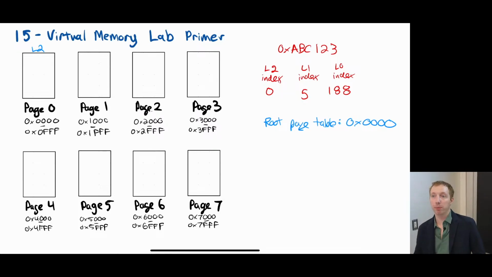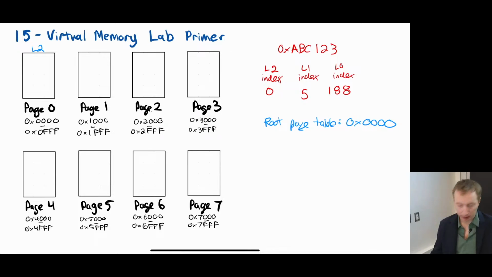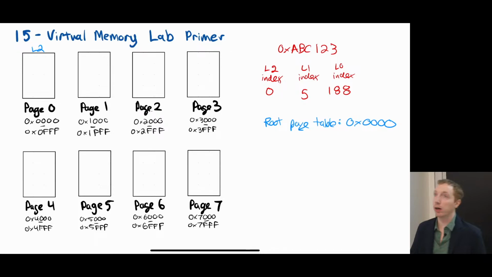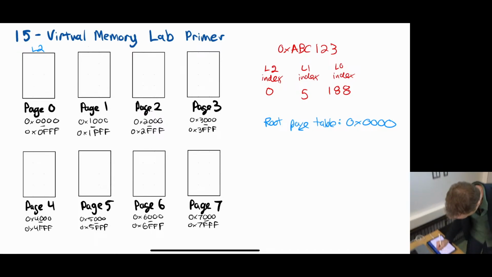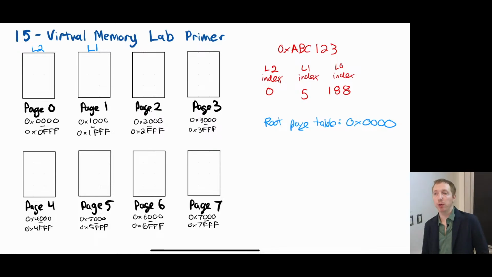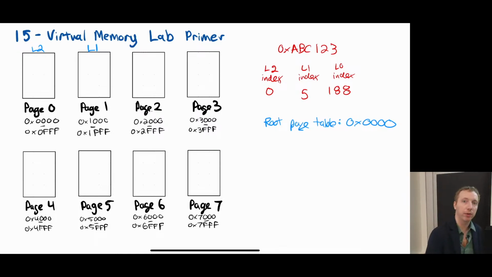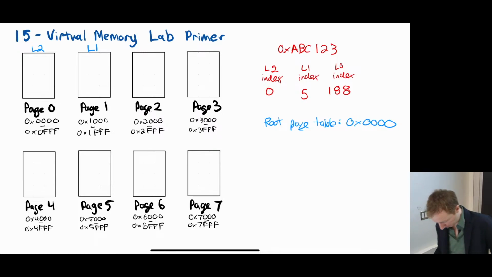To make this a valid translation, the entry in the L2 page table has to point to an L1. So I need to use a page for L1. Maybe I ask for a new page and I get page 1, and I'll use that for my L1 page table.